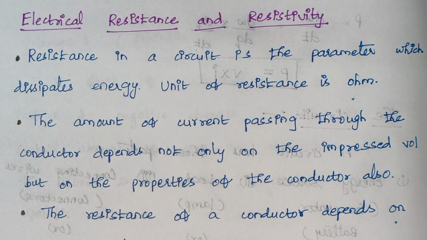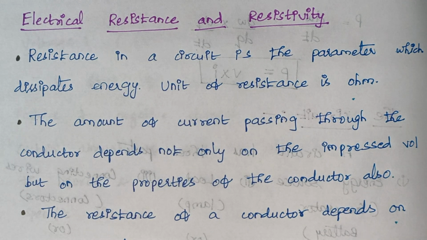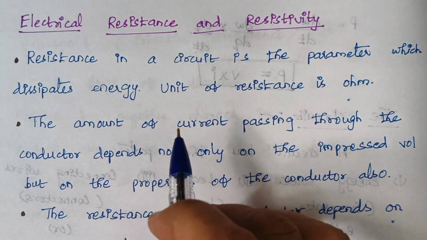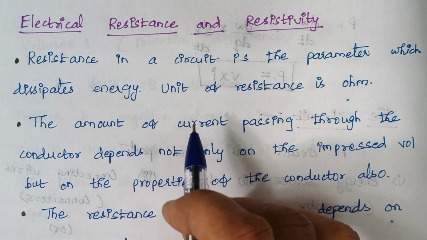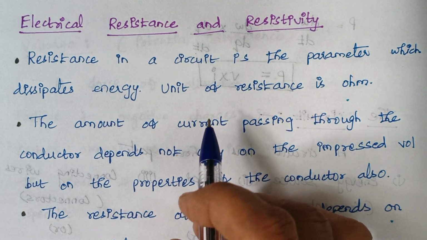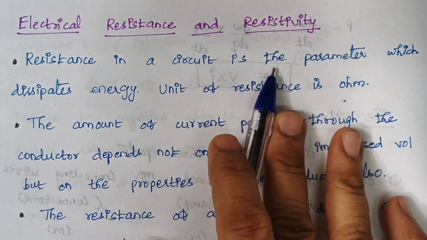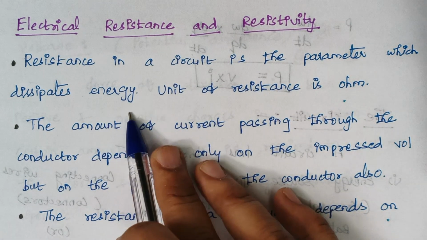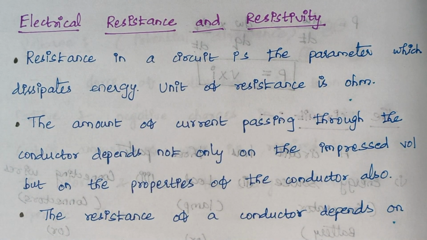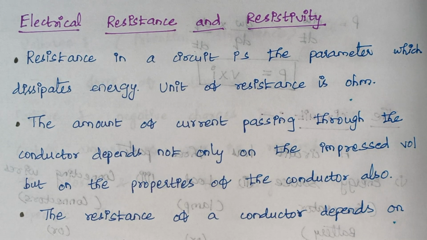The next topic is electrical resistance and resistivity. Resistance is a property of a circuit that opposes the flow of current. In other words, resistance in a circuit is the parameter which dissipates the energy. It dissipates energy in the form of heat.